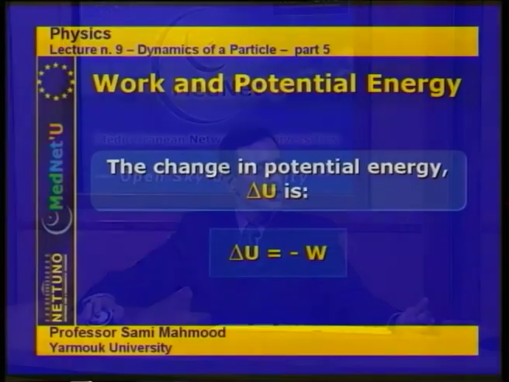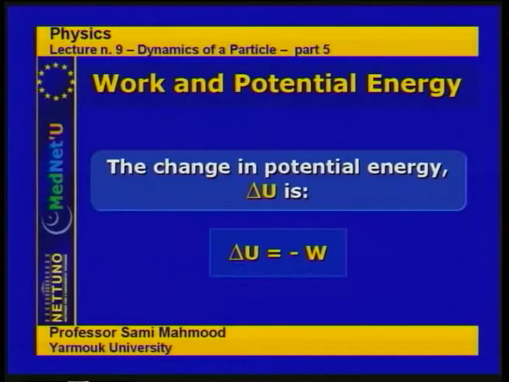The configuration or the arrangement of the object relative to Earth, which is our system in this case, is changing, which leads to a change in the potential energy. So this is the relation between the potential energy and the work done by a conservative force.